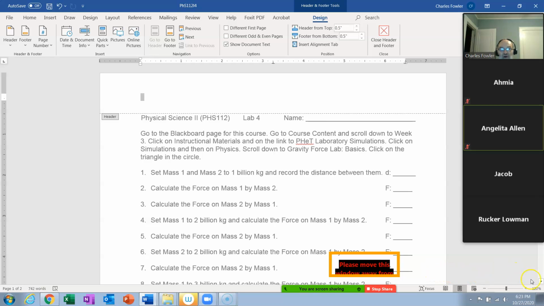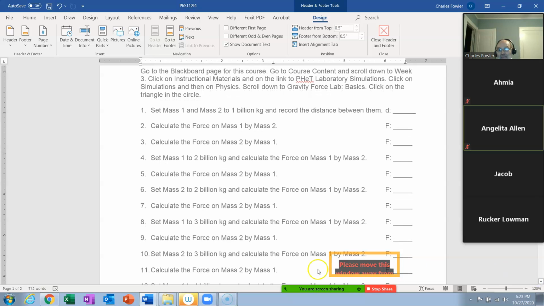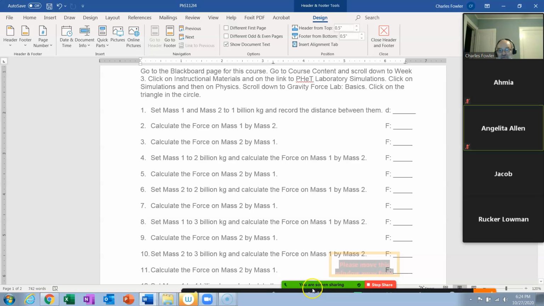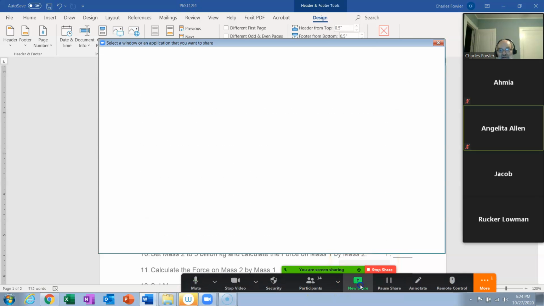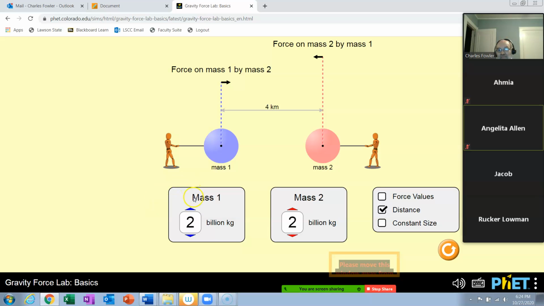Newton's third law. Okay? Now we're going to set mass 1 to 3 billion kilograms. So let's go back to our thing and set this to 3 billion kilograms, leaving mass 2 at 2 billion.